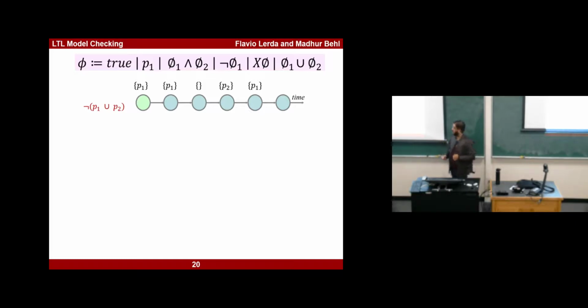The inner expression is just P1 until P2, which is a valid LTL formula. For P1 until P2 to be true, we first have to see P2. Okay, we have our P2 here. And if P1 until P2 was true, then all of these had to be P1. But our formula is actually the negation of an LTL formula, which is a valid formula itself. Therefore, indeed, this trace satisfies that it is not the case that P1 holds until P2.